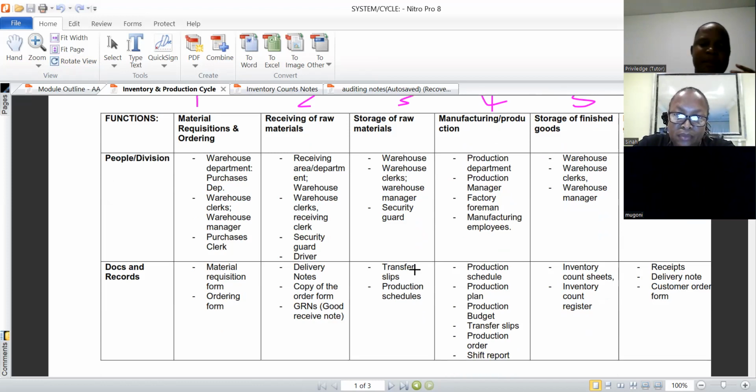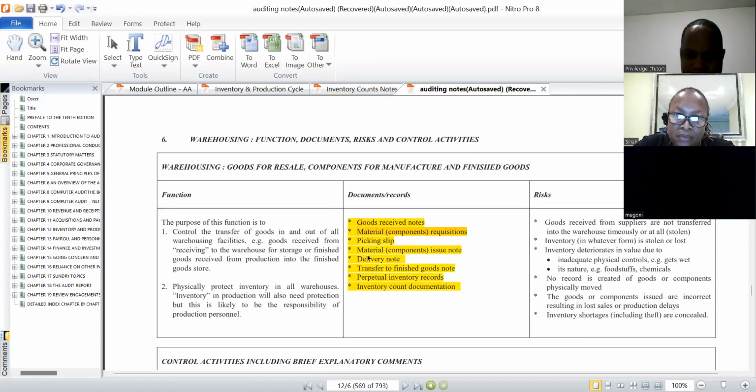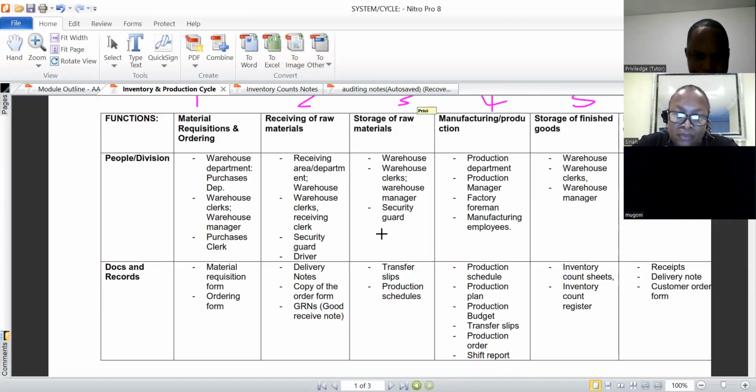Documents used, there is definitely going to be a use of transfer slips and production schedule. A transfer slip is basically the same thing as a picking slip.